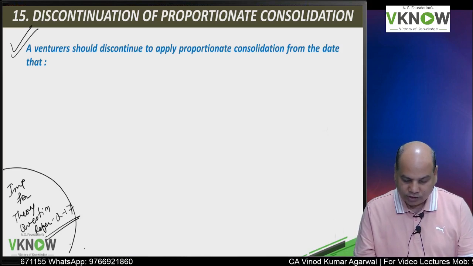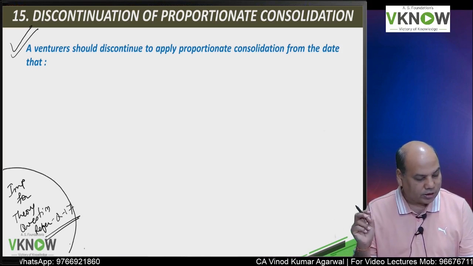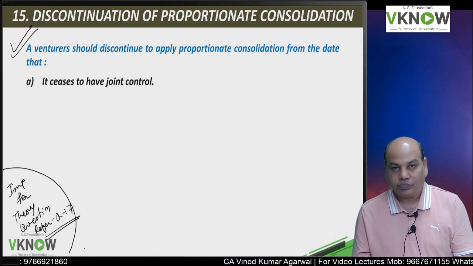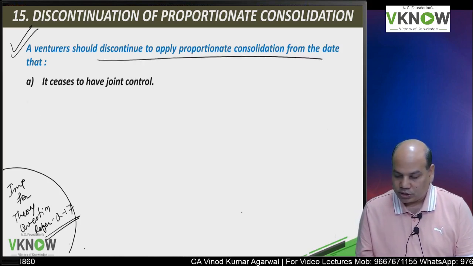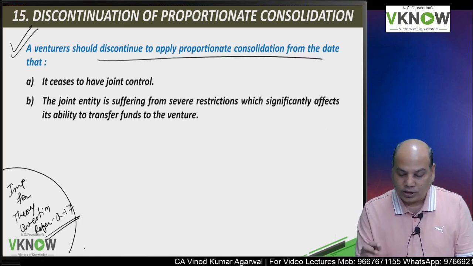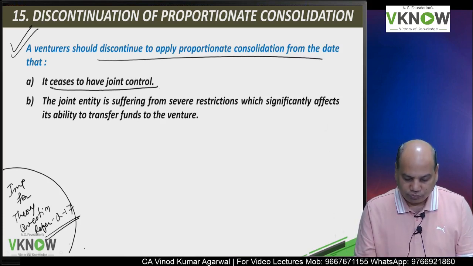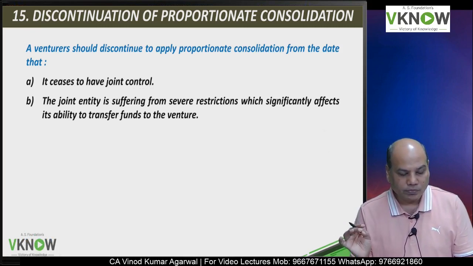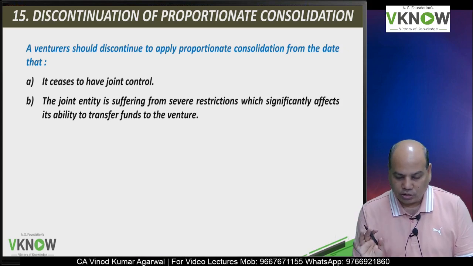So one question we are discussing right now: when is a venturer required to discontinue the use of the proportionate consolidation method? A venturer would discontinue the use of the proportionate consolidation method from the date it ceases to have joint control. The basis of AS27 is joint control.